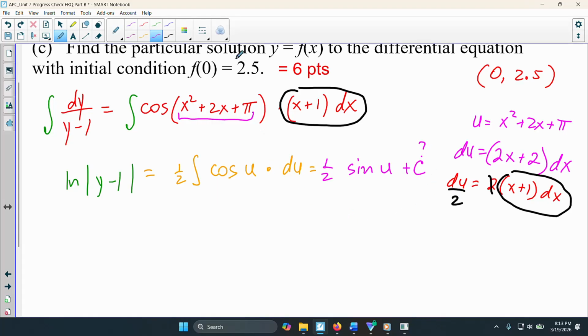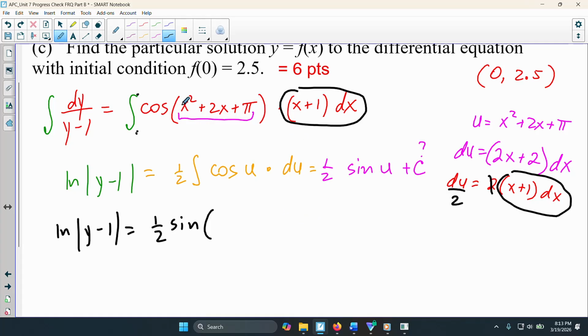At this point we have to unsubstitute. This is not one of those where you change the limits of integration, because this is not a definite integral. We don't have the actual numbers here. So this really is ln of the absolute value of y minus 1 equals 1/2 sine of what?